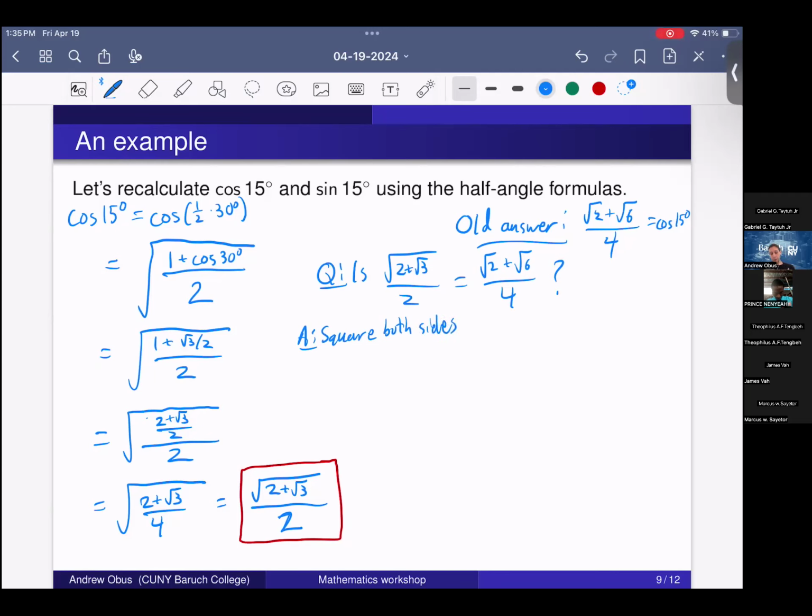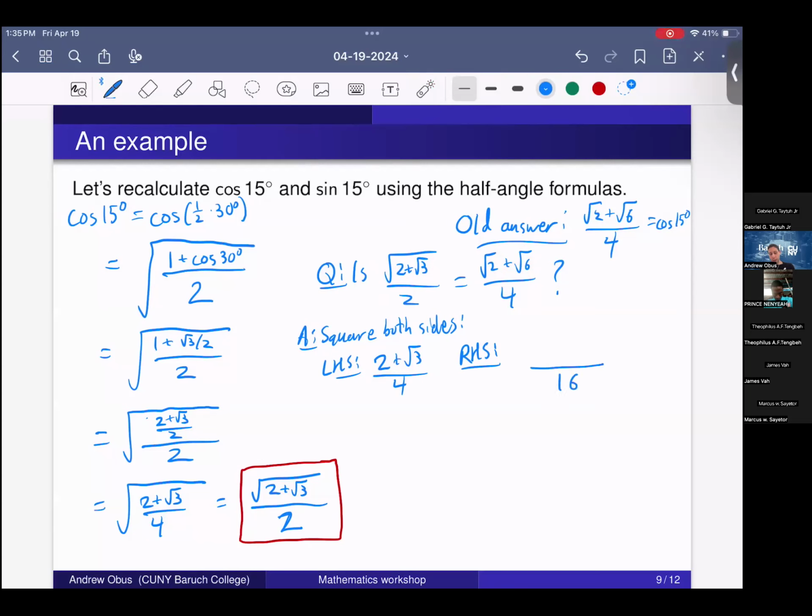If we square both sides, on the left-hand side, we get 2 plus square root of 3 divided by 4, because squaring it, we get rid of the outer square root, and this becomes 4. And on the right-hand side, we get root 2 plus root 6 divided by 4, all squared, so we're going to get 16 in the denominator.